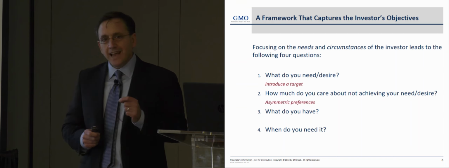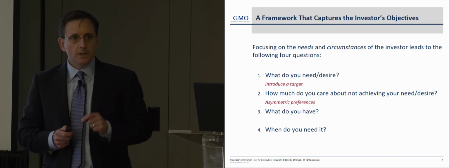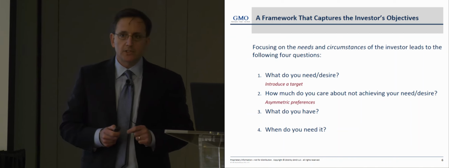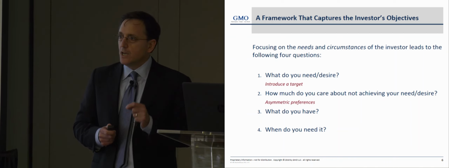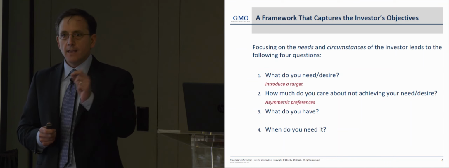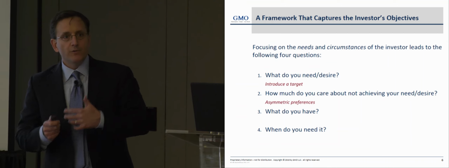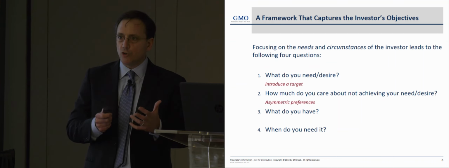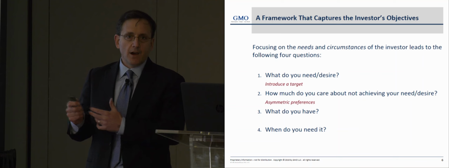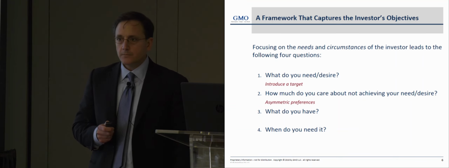The next question is, how much do you care about not achieving that target? To address that question, we introduce this idea of asymmetric preferences. Generally, you feel much worse if you are below the target than if you are above the target. Your feelings are much stronger when you fall short than they are when you're above the target. That's asymmetric preferences.